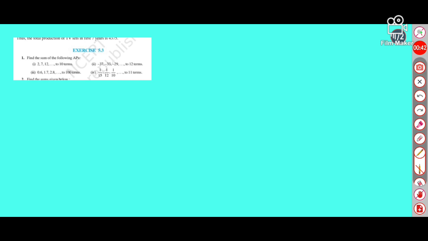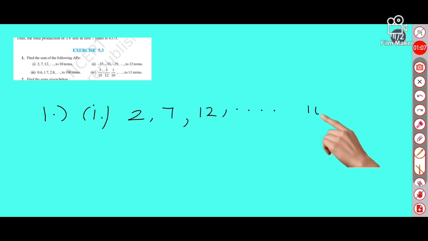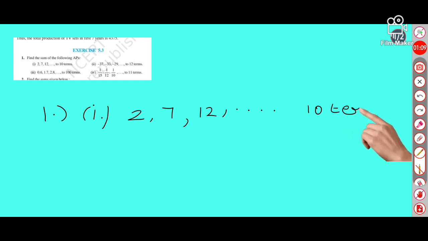So the first question is, find the sum of the following APs. In that, the first subdivision is 2, 7, 12, and it goes up to 10 terms, right? So again, as I do in every video, first write what is given. 2, 7, 12, up to 10 terms.